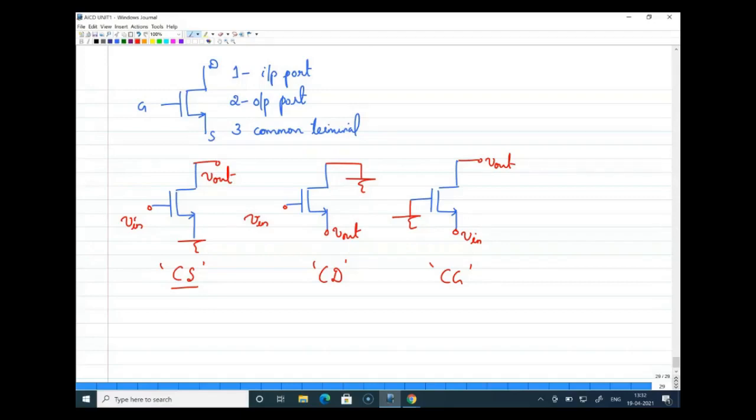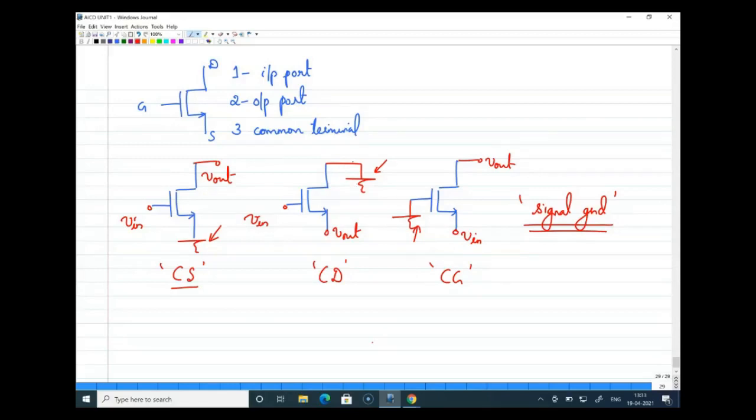Right. Now, one more thing. When I mention this as ground, and this also as ground terminal, the meaning is it is ground for the signal. It does not mean that these common terminals should always be connected to ground. In your common source case, this will almost always be connected to ground. But in your other cases, drain, it is not connected to ground.